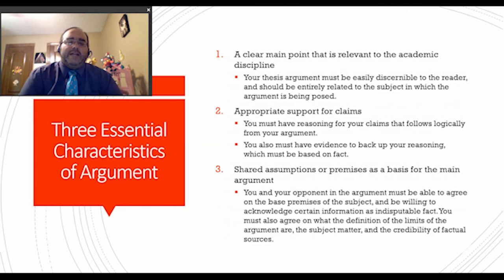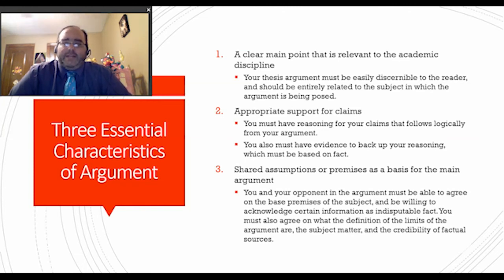As a result, we have three essential characteristics that you find in most arguments. First, you have a clear main point that is relevant to the academic discipline. So your thesis argument must be easily discernible to the reader and should be entirely related to the subject in which the argument is being posed.